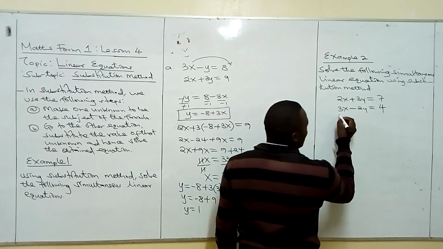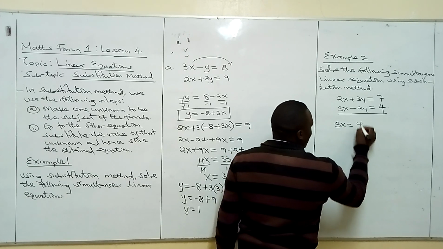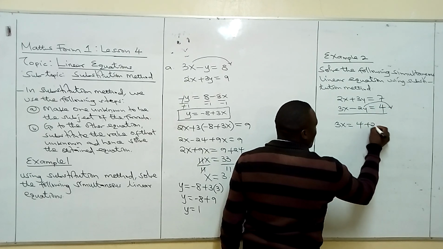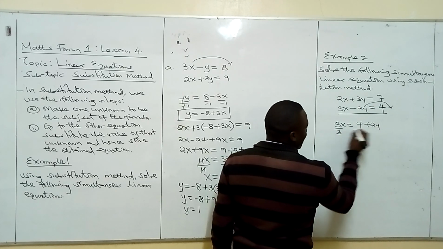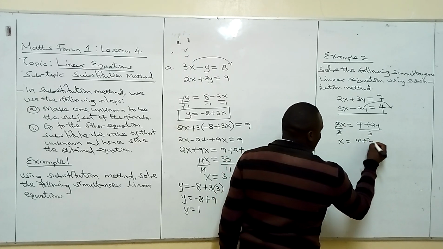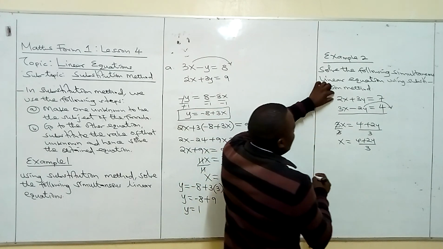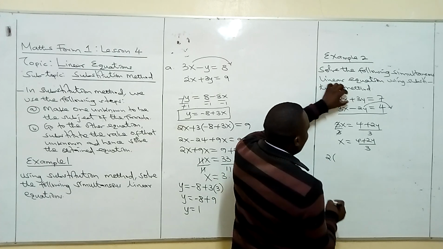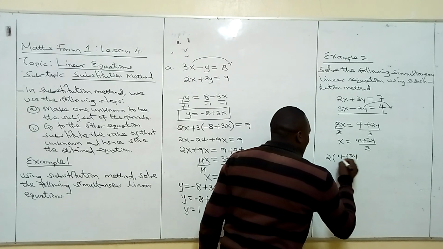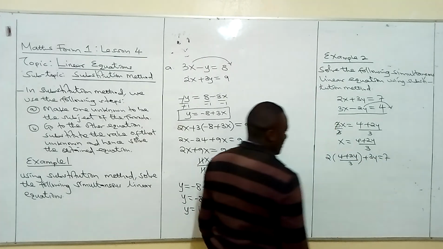So we will use this and say 3x is equal to 4. We take minus 2y to the other side, so it becomes positive. Then we divide by 3. So our x becomes 4 plus 2y over 3. We go now back to our first equation and say 2 into the part of x that has been obtained. We will now say 4 plus 2y over 3, then plus 3y is equal to 7.